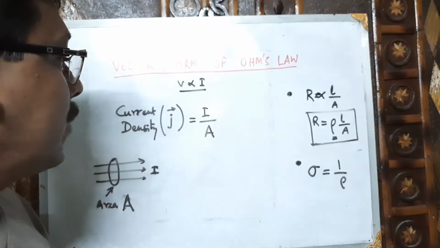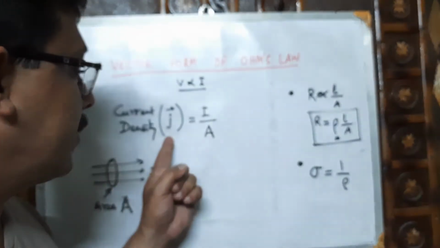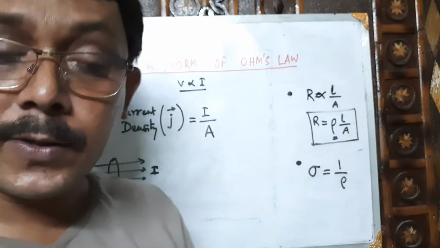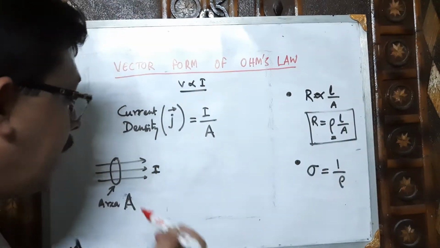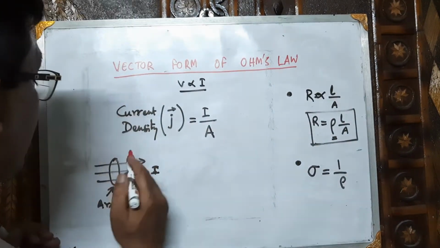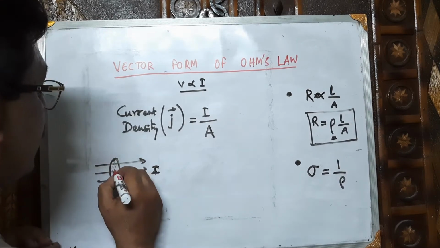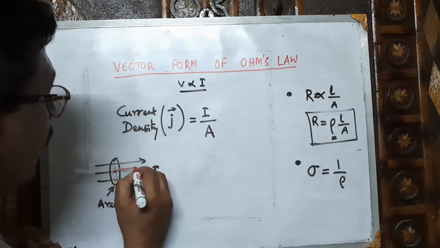Then how is it a vector quantity? Because I is a scalar quantity, obviously if the current density is a vector, area should be a vector quantity. Yes, in Gauss's theorem in static electricity, try to recall this. Area was a vector, the area element ds, and the area vector was always perpendicular to the area.